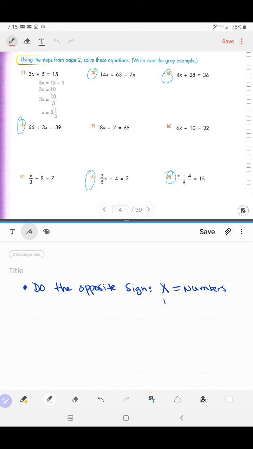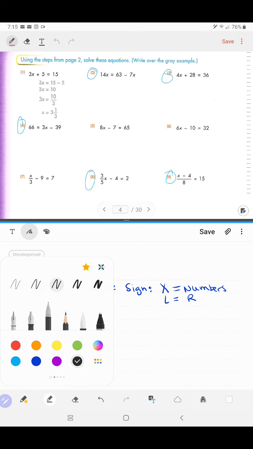And what that means is any variable, any letter, because a variable can be A through Z, any letter has to be on the left side, equals in the middle, and any number goes on the right side.